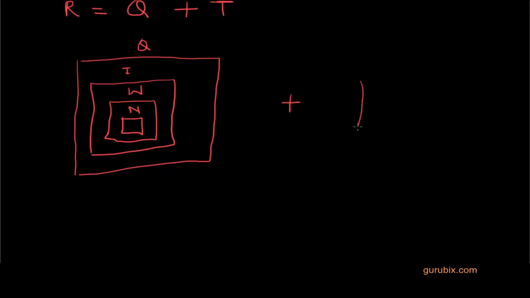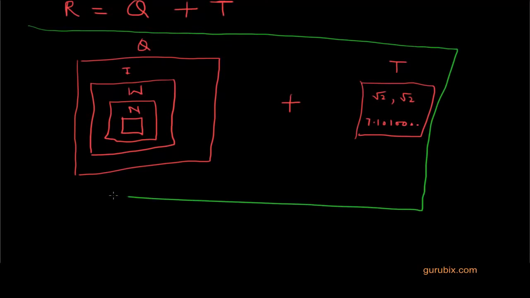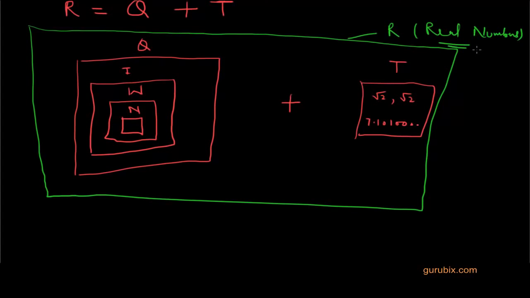And we have another type of number, these are the irrational numbers, denoted by capital T, and these are surds and indices and numbers like this. If we put them in a single set of numbers, then this set of numbers is called the set of real numbers. This is all about the real numbers.